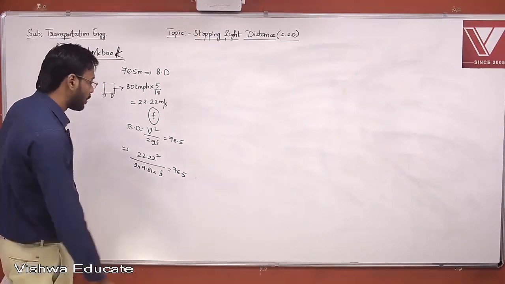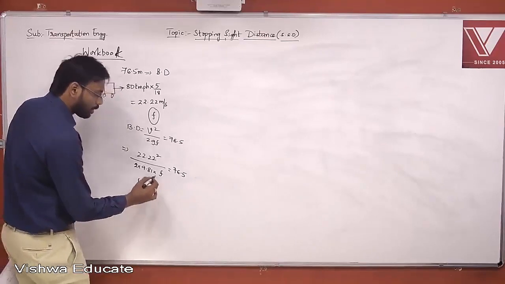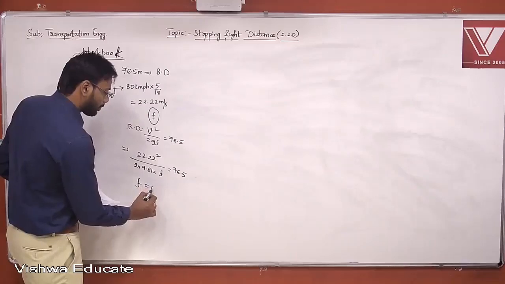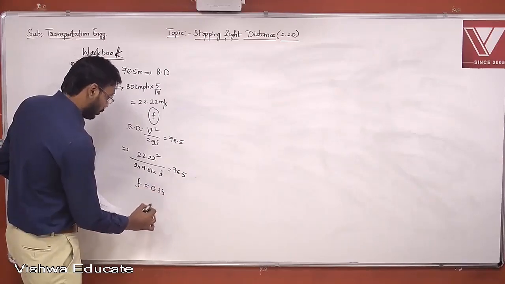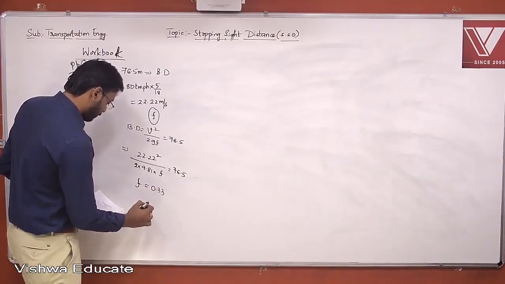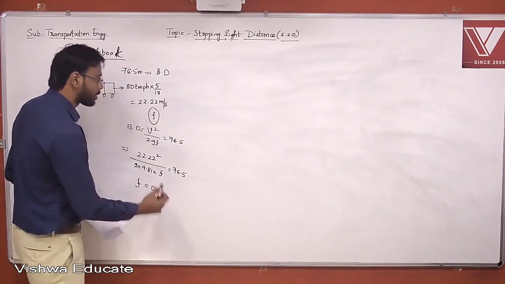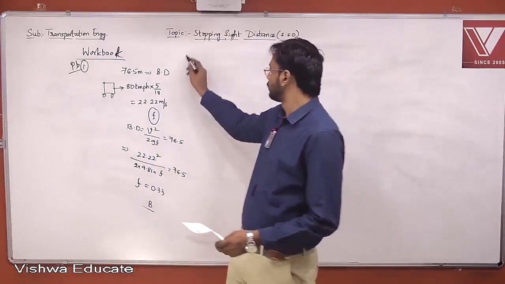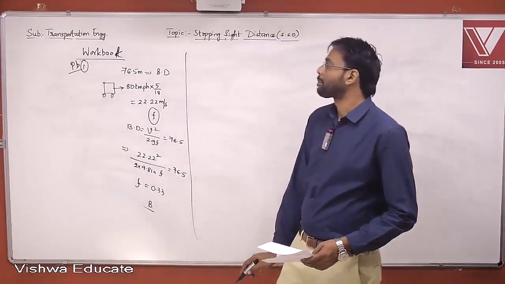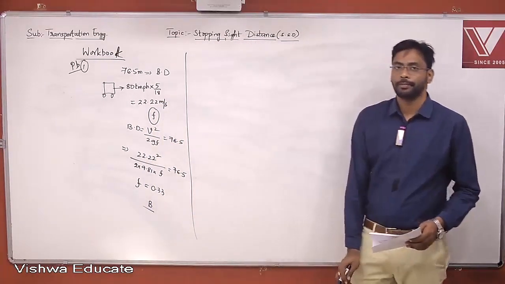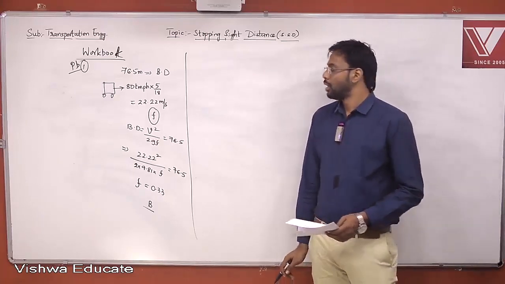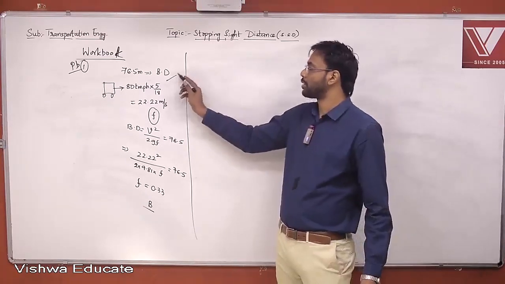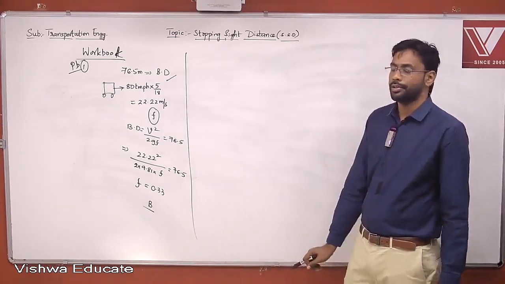If you solve this, you would get f as 0.33, which is given in option B, right? So that's the first problem. Simple. The only thing is we need to know that 76.5 meters is a braking distance.